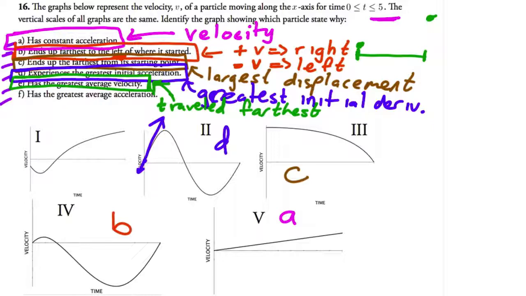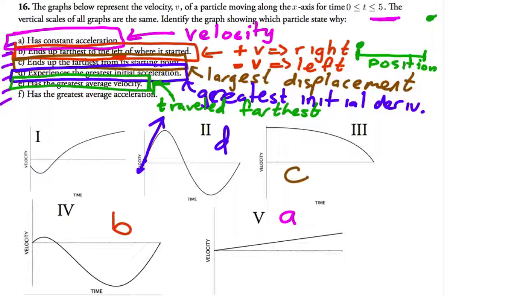Now, the problem here is that you're not looking at the secant line of the velocity, because you're trying to find the average velocity. You would have to look at the secant line of the position. But since all you have is the velocity, you're looking at which one traveled the farthest based on where it started.